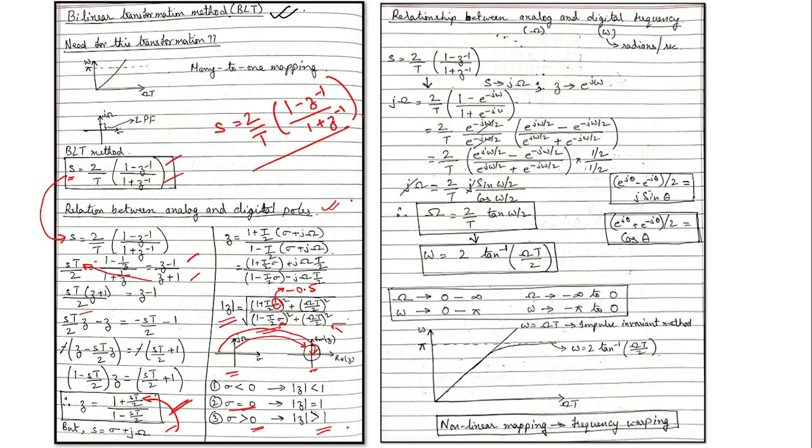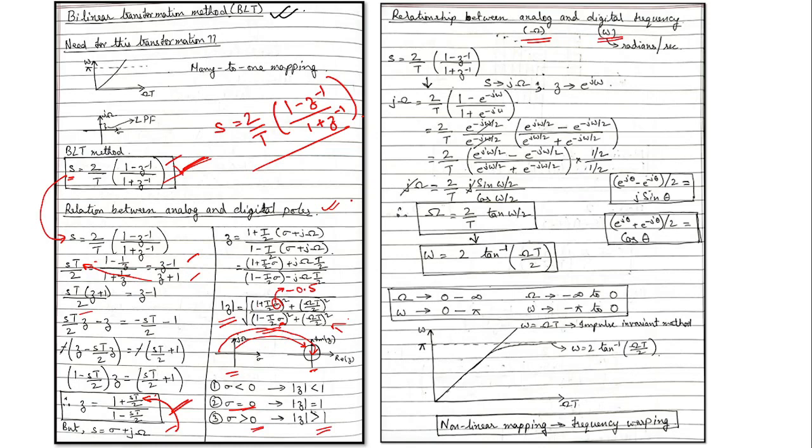Now once it is done, the most important thing is, what is the relationship between the analog frequency and the digital frequency. In the previous case, we saw the relationship between analog and digital filters. Whatever transformation has been provided, it meets all the criteria for the placement of the poles to design a digital filter from the analog filter.